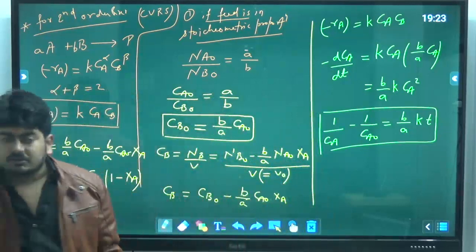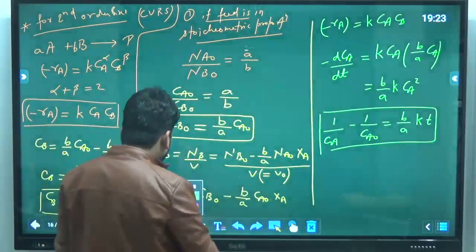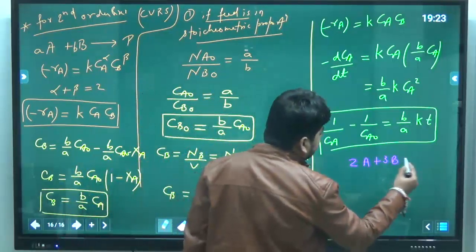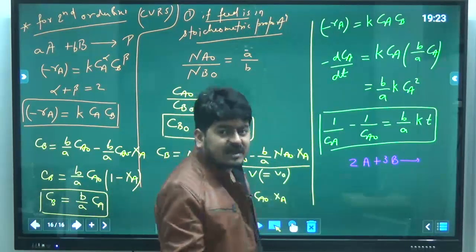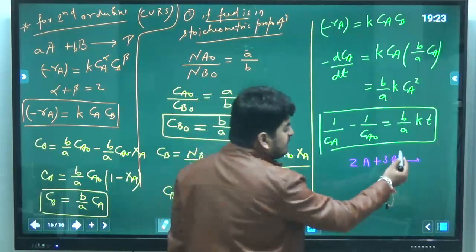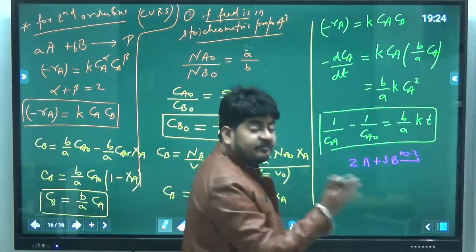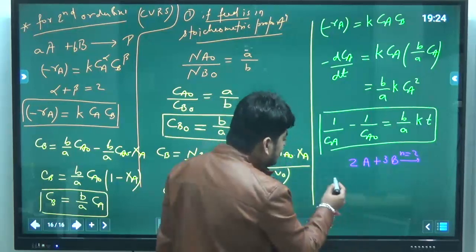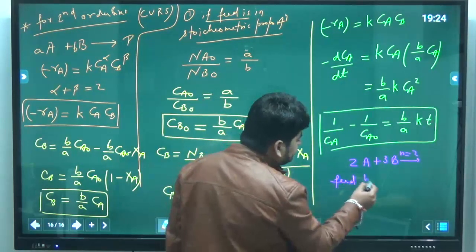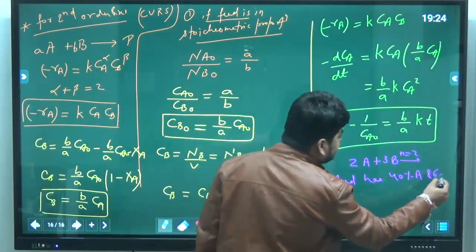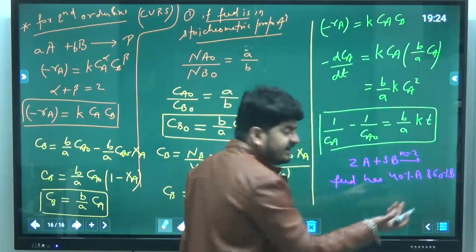Okay, so it means if we have a reaction like 2A plus 3B gives something, what will be the kinetic equation? You can directly write it if the overall order is 2 here, and feed is in a stoichiometric proportion. Like they say that feed has 40% A and 60% B, or 20-30, whatever it is.